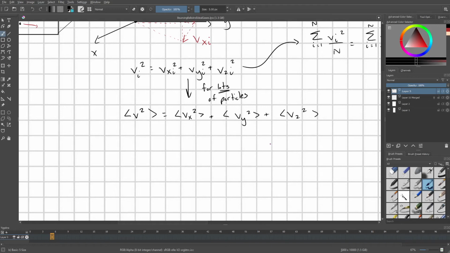This is purely a result of having a lot of particles, so the velocity in each direction is randomly distributed. And so we can conclude that their mean squares are all equal to each other.